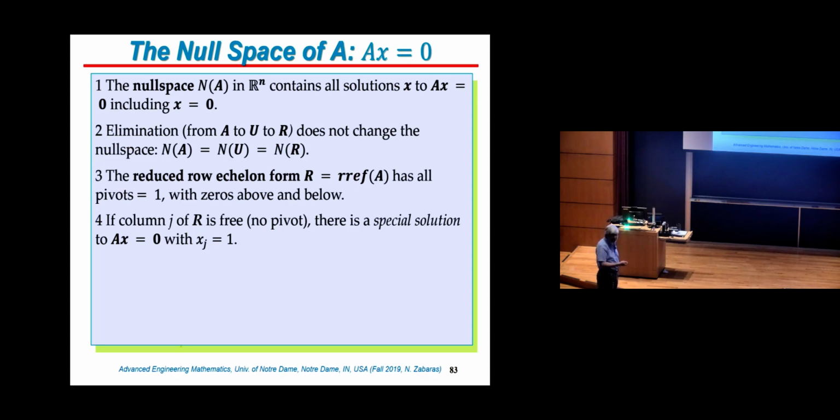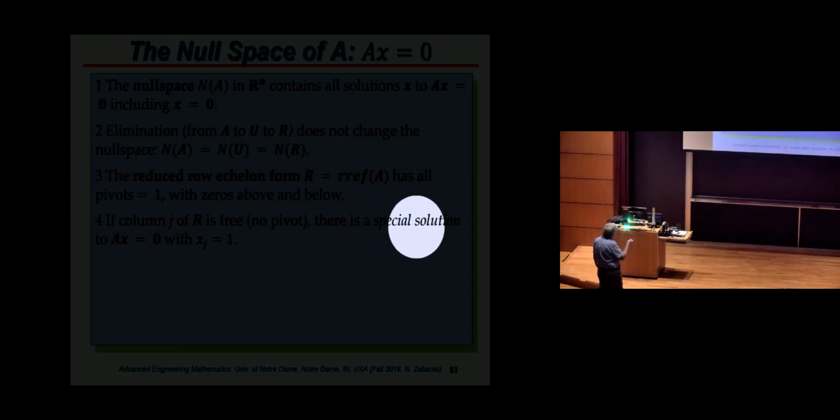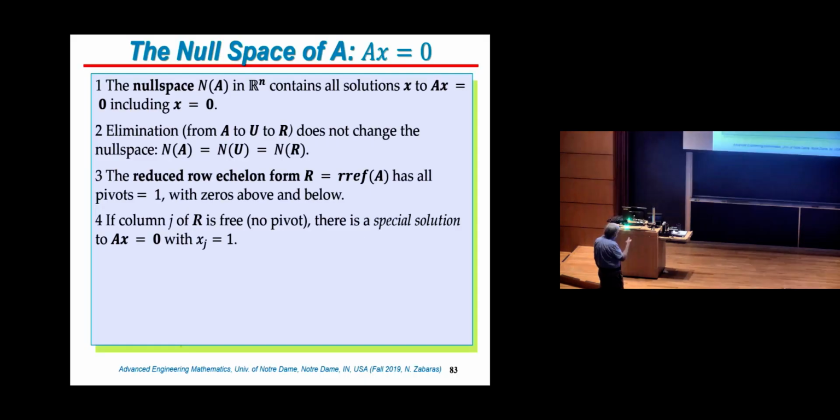We will do examples, so I'm going to come back to this. But there will be columns that have no pivots in them, and those columns define the free variables. And the free variables will give us the solution to the null space problem.